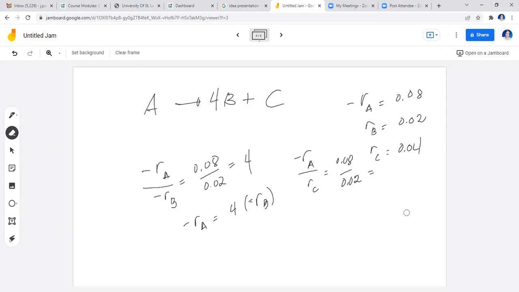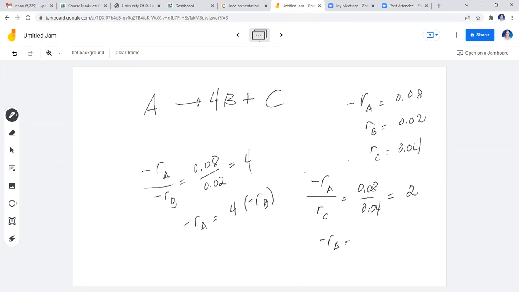Sorry, class, it should be 4. So we'll have rate of A to C is equal to 0.08 divided by 0.04. So this is 2. So rate of A is twice the rate of C. So I'll place here 2. Okay, 1 is to 2.